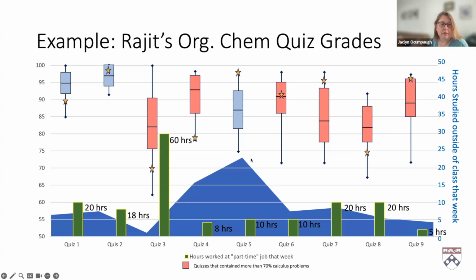So he's trying to make up for it in the following 2 weeks, right? But what really seems to be driving things here is he's got this 60 hours of work, again, on a different scale. So do as I say, not as I do, in this dashboard, where he's working just excessive numbers of hours in his part-time job.